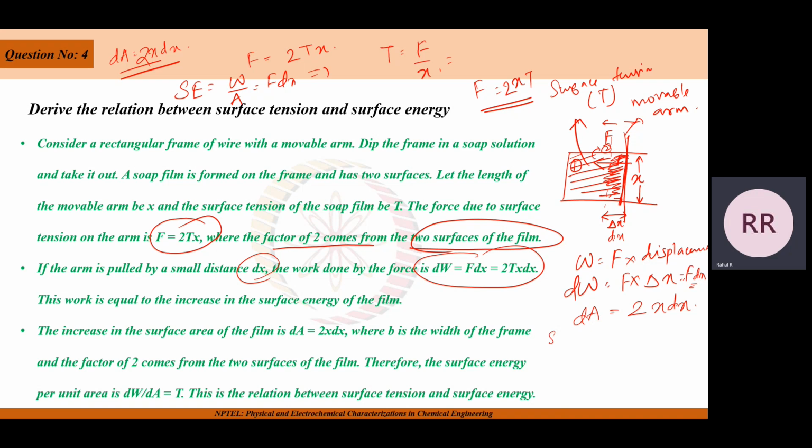Now we know surface energy, represented by SE, is equal to dW by dA. dW is nothing but F dx, divided by 2x dx.